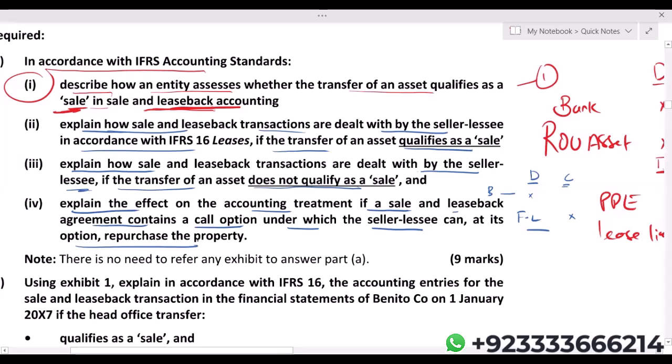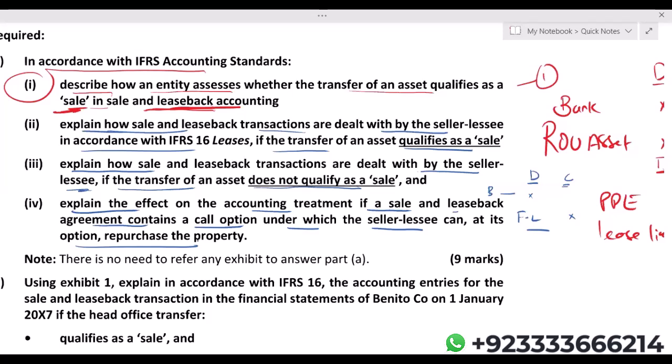Now, if the lessee is selling the asset but also has the call option, the lessee has a right to buy. In that case, the transfer of asset will not be treated as a sale unless the option expires.